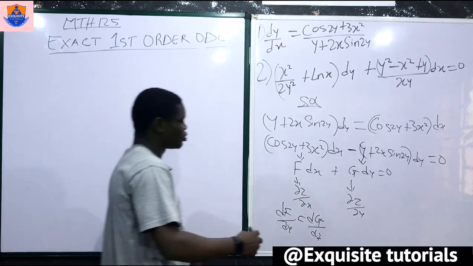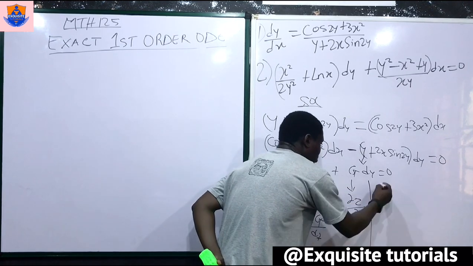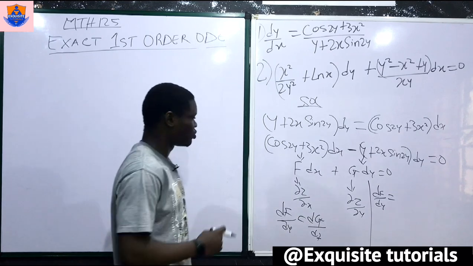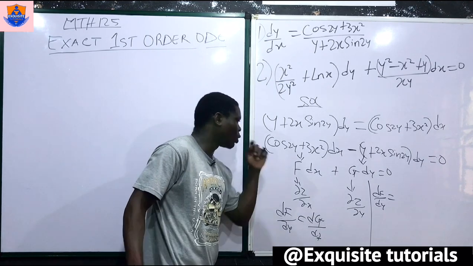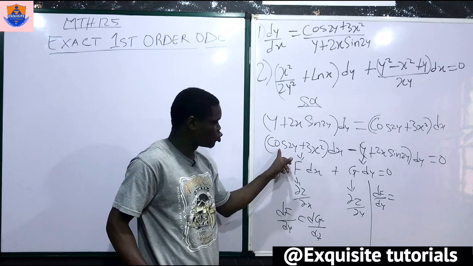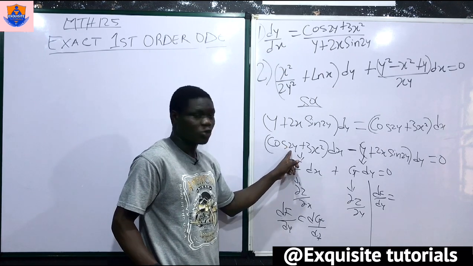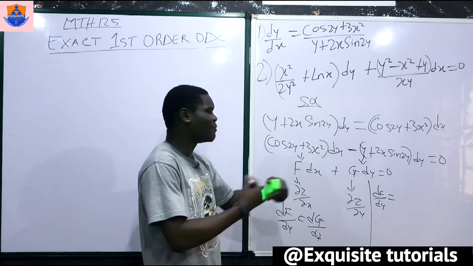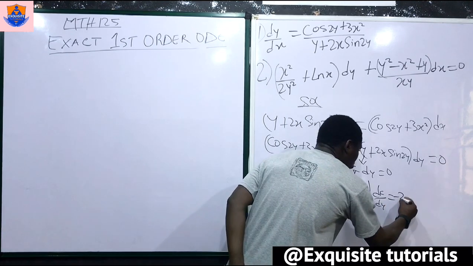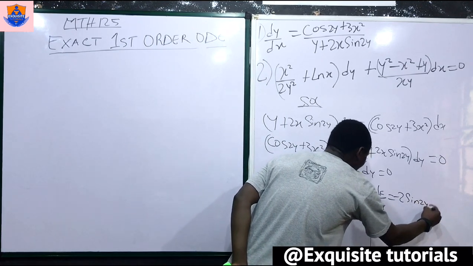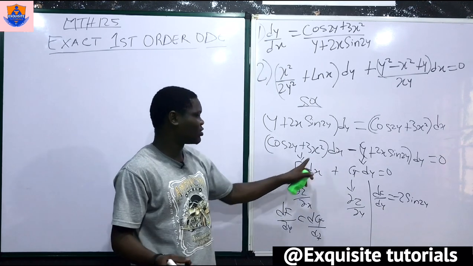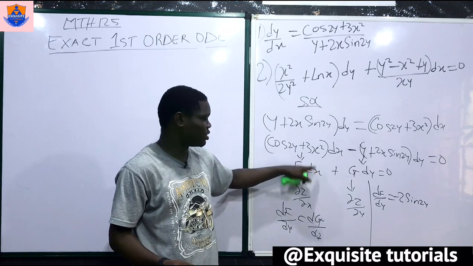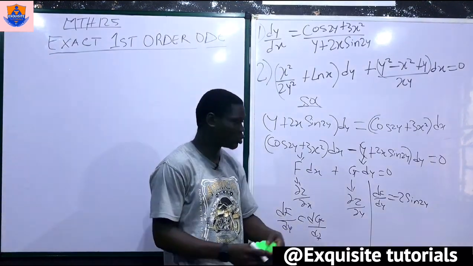When I differentiate it with respect to y, df over dy is equal to, when I differentiate this with respect to y, I'm going to have minus 2, since this is 2y, minus 2 sine 2y, because when I differentiate cos, I'll have minus sine. So I'll have minus 2 sine 2y. But for this other part, remember that this is a constant. Since we are differentiating with respect to y, I'll take this as a constant, so it's 0.